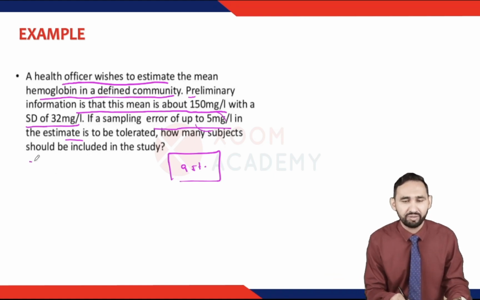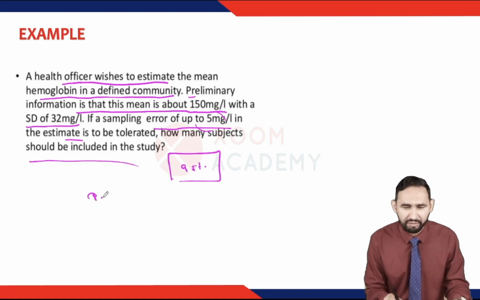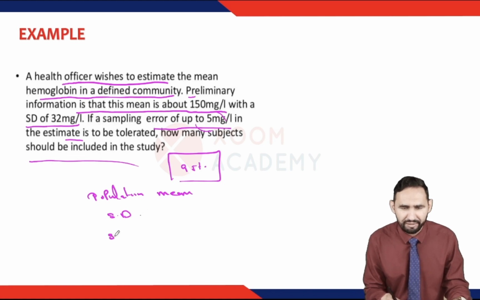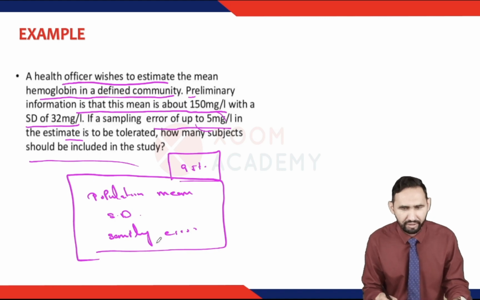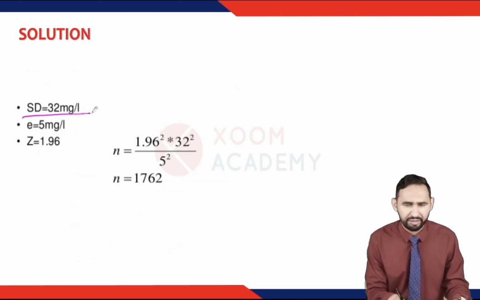How many subjects should be included in the study? So what information does he have? Population mean, the standard deviation, and the standard sampling error. Now he will calculate. Standard deviation is 32.